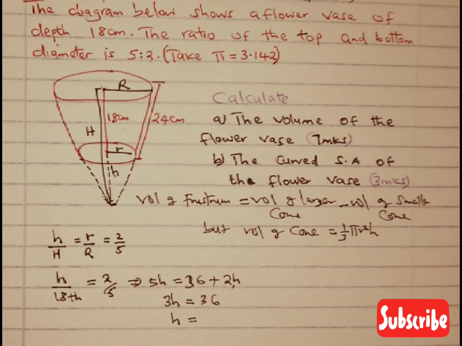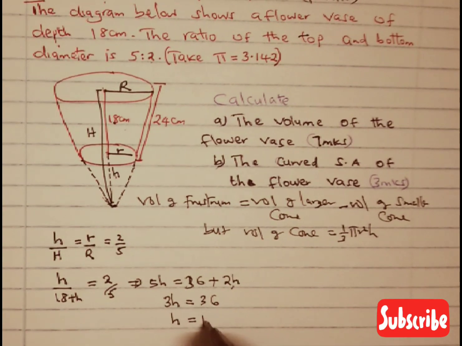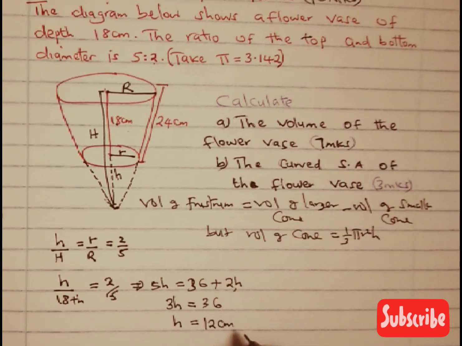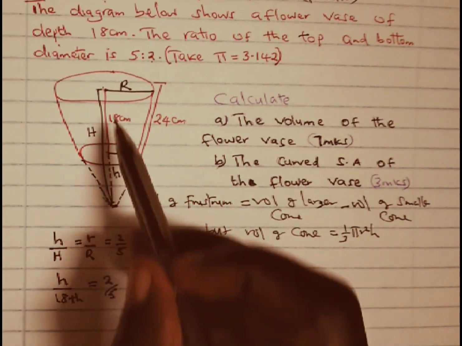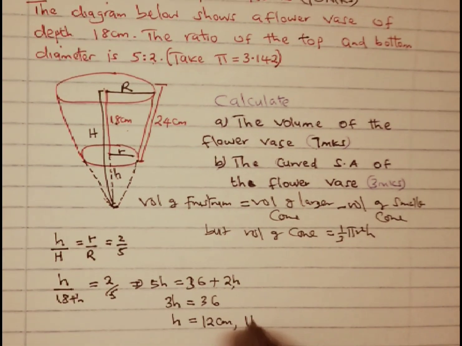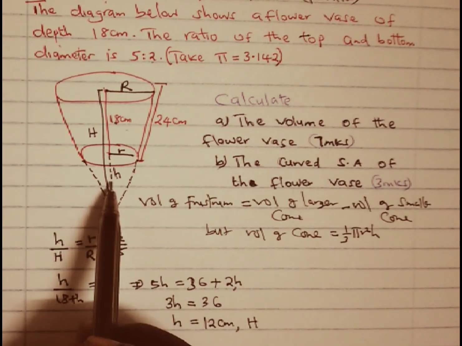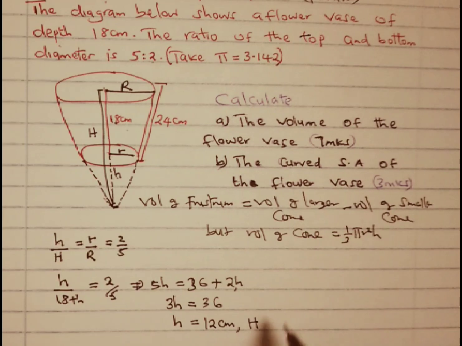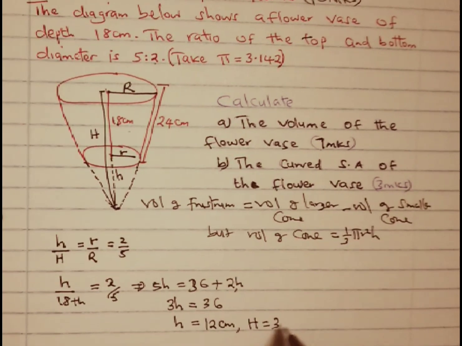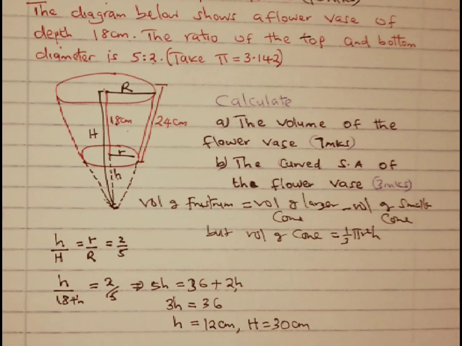Dividing both sides by 3, the small h is 12 centimeters. The height of the bigger cone is 18 plus 12, which gives us 30 centimeters.